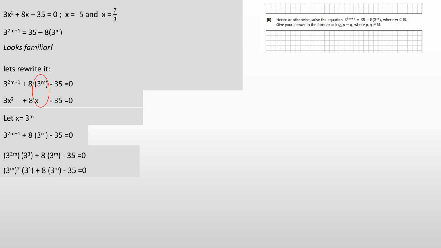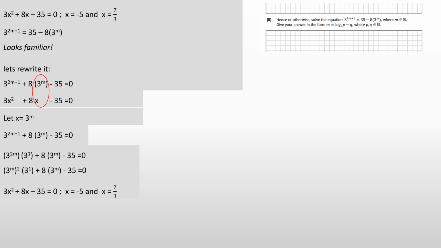because we want to make it similar to the other equation, the 3x squared plus 8x minus 35 equals 0. So we want to get the squared bit. So we now have the squared bit. So now it looks more familiar to the original function. So we know that 3 to the power of m is x.